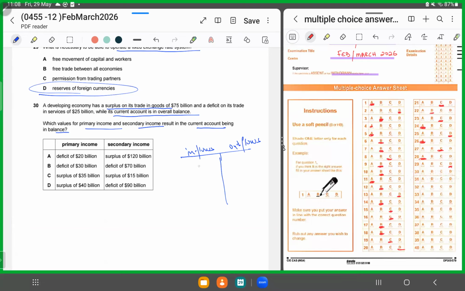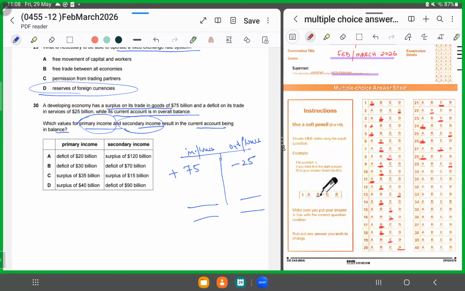Now notice, the surplus was in trade in goods of 75 billion. That was positive. There was a deficit in services of 25 billion. Now they're asking what would be the value for primary income and secondary income such that both sides balance, right?